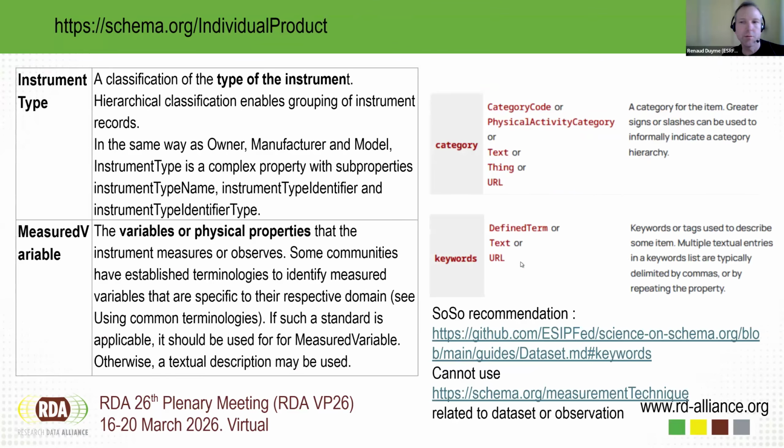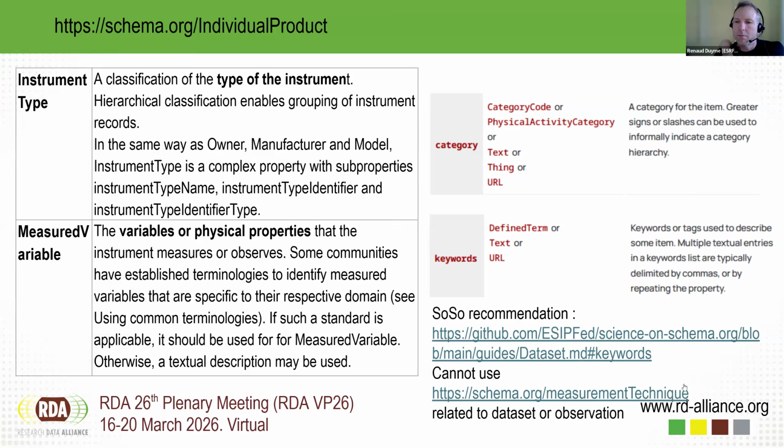So for the instrument type, this was mentioned by Stefan, and I think, Lucas, you have the same approach for the category. So for instrument type and measured variable, you can use the category or the keywords. As mentioned, Stefan, I like the way you use defined term instead of having basic keywords.